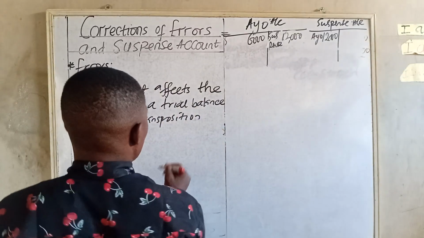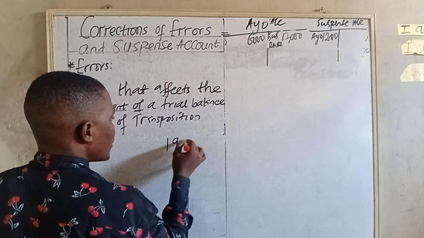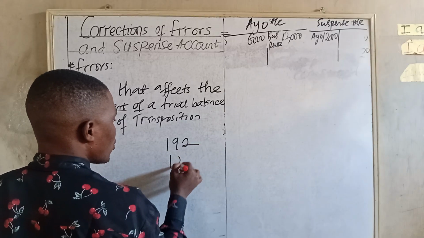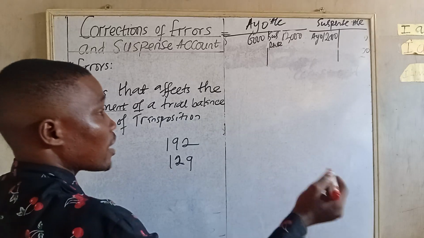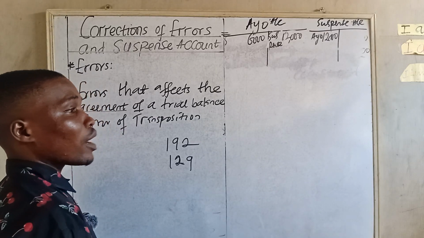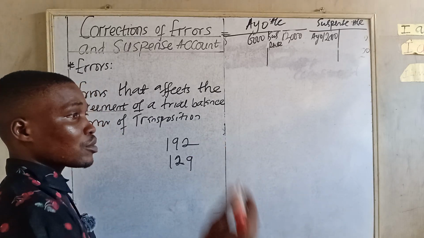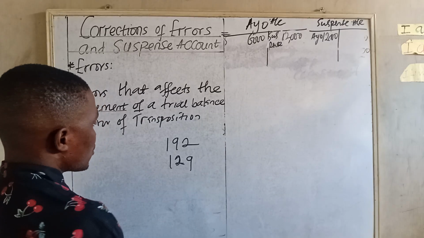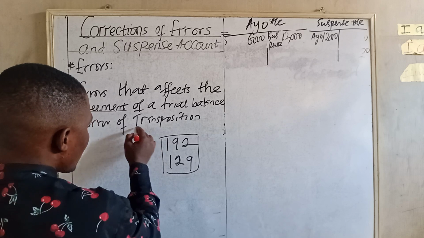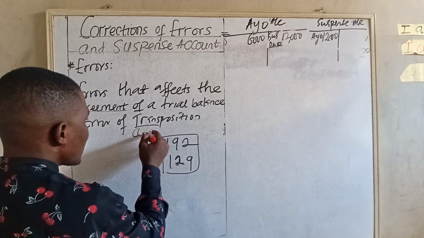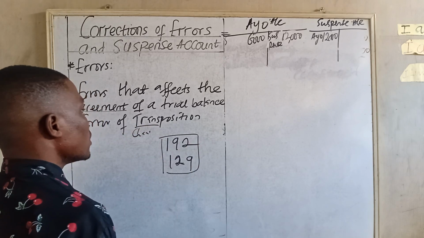Let's say you are supposed to write 192, you now wrote 129. So it may be undercast, it may be overcast. You may overstate the figure, you may understate the figure. Transpose means change.